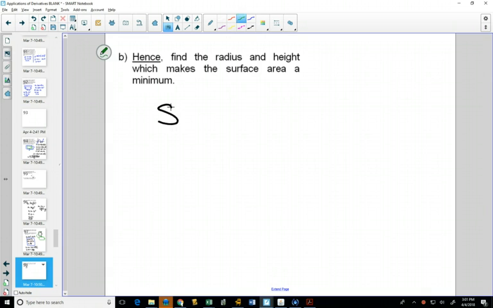Anytime you're wanting a minimum of something, in this case the minimum of surface area, you're going to want to take your surface area formula and find its derivative. So I'm going to rewrite S: 2 pi r squared plus 108 pi over r.